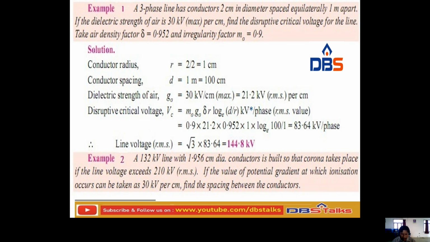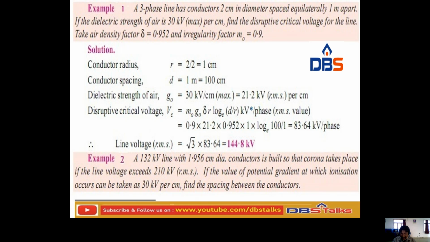That is the empirical formula for critical disruptive voltage: V_c = m0 g0 delta r ln(D/r) kV for phase RMS values. m0 they gave as 0.9 and g0 as 30 kV for the maximum value, but we have taken the RMS value, that is 21.2, and delta they gave as 0.952, and r is 1 centimeter, into 1, ln D by r, spacing 100 centimeters, r 1 centimeter.